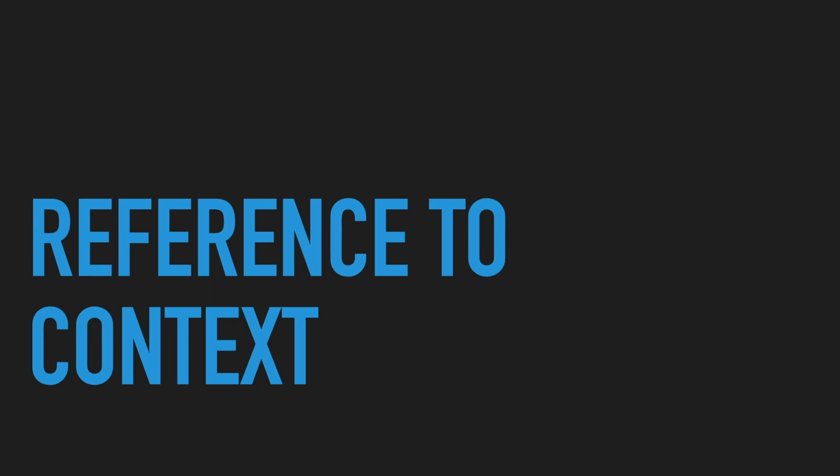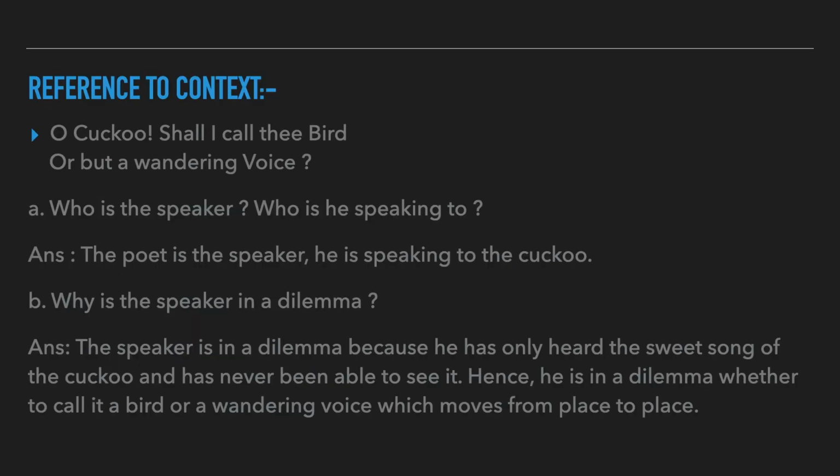Now, we'll do a couple of reference to context. O cuckoo, shall I call thee bird, or but a wandering voice? Now, the question is, who is the speaker? Who is he speaking to? You will say the poet is the speaker and he is speaking to the cuckoo. Why is the speaker in a dilemma?